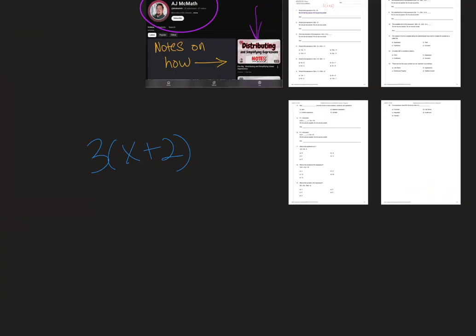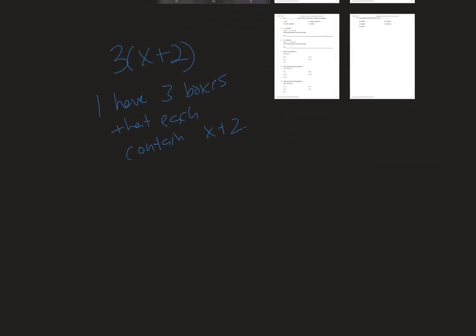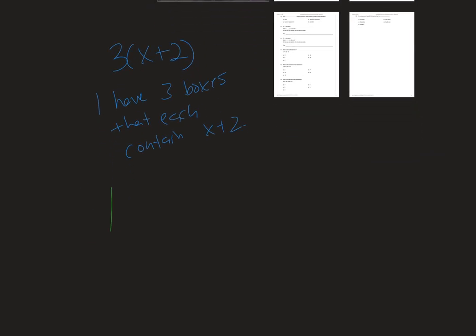This is saying, hey, I have 3 boxes that each contain x plus 2. And if you're like, that's weird, I don't get it, okay, well then here's a box. If we had x-ray vision and could look inside of it, hang on, I'm not a very good 3D artist, so there we go.